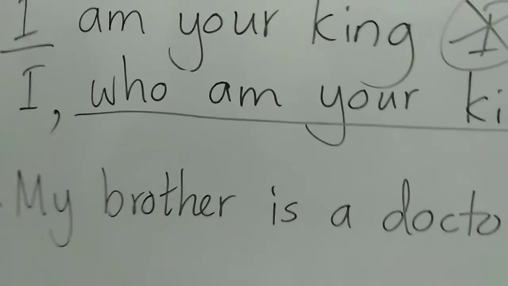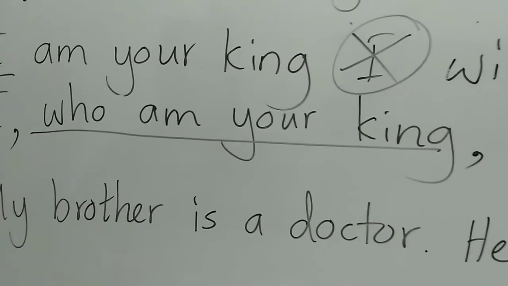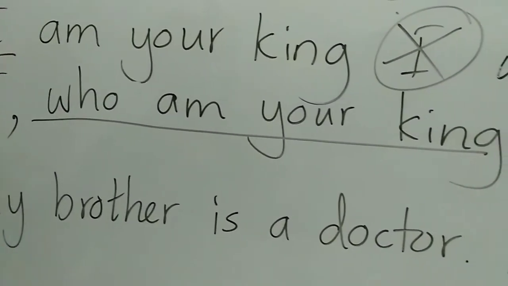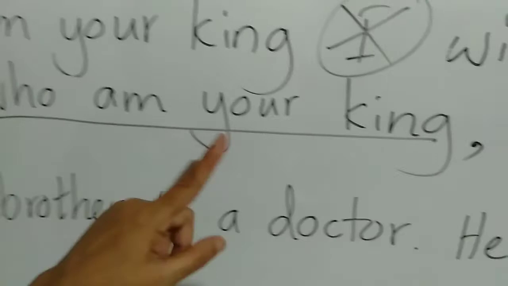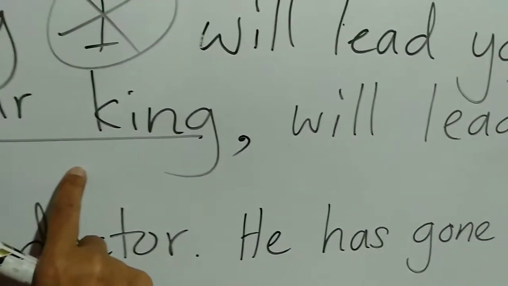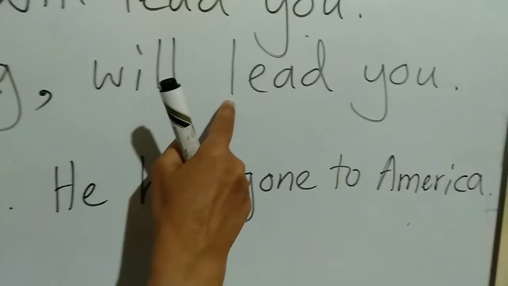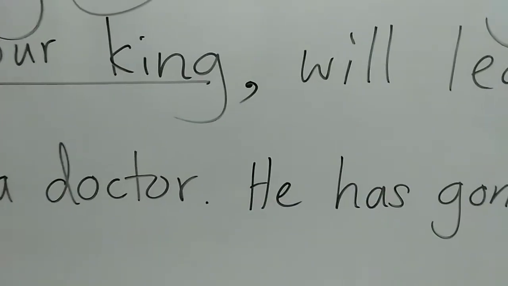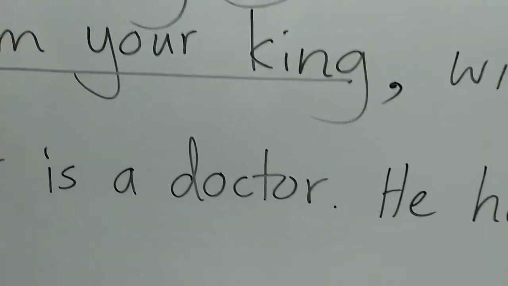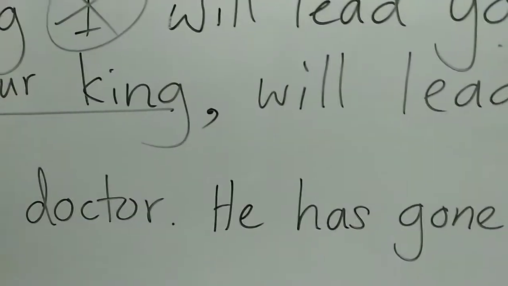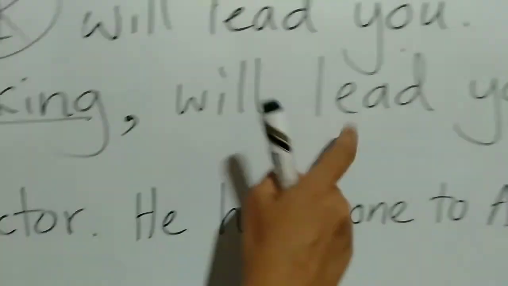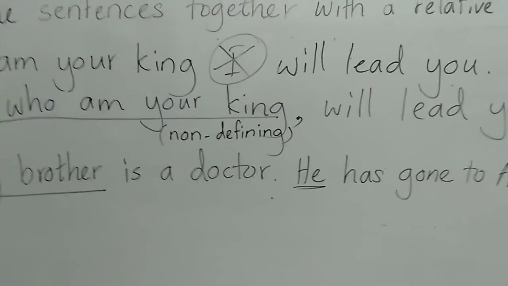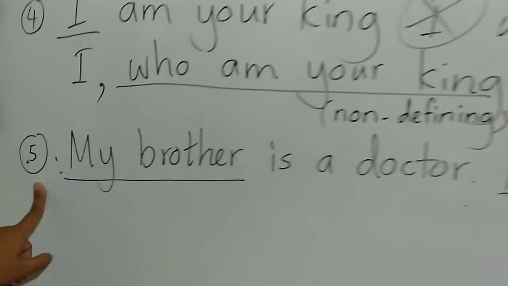Whenever you have non-defining clauses, only then you put a comma to separate the subject and the relative clause from the main clause. We put a comma. I think you understood. Okay, let's see the fifth example.